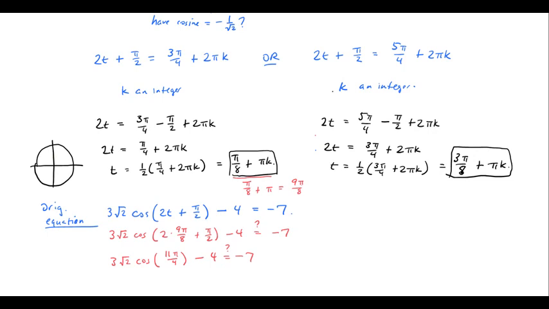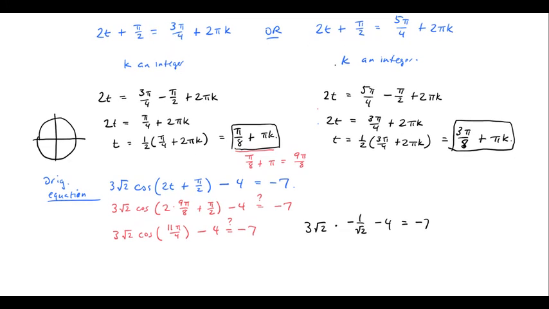The cosine of that is negative 1 over root 2. If I subtract 4 from that, I should get negative 7. Let's just check. 3 root 2 times negative 1 over root 2 is negative 3, minus 4 is indeed equal to negative 7. The equation checks out, and now I know that at least that one value, 9 pi over 8, is a solution.